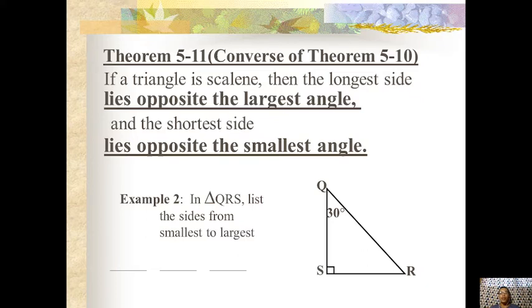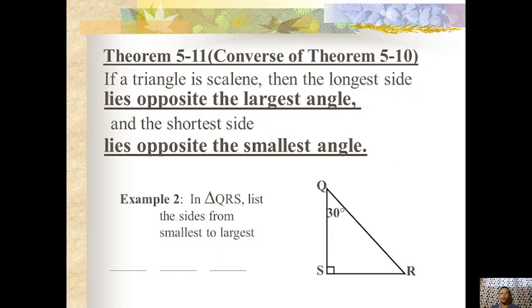In a triangle, there is a right triangle, an acute triangle, and an obtuse triangle. A right angle is 90 degrees, an acute angle is less than 90 degrees, and an obtuse angle is greater than 90 degrees.